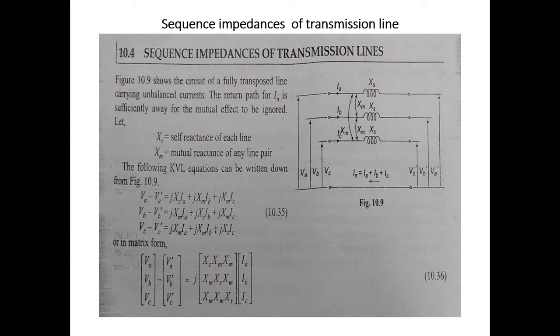And if we represent these three equations in matrix form, the matrix VA, VB, VC minus the matrix VA dash, VB dash, VC dash is equal to J into the 3 by 3 matrix, that is XS, XM, XM; XM, XS, XM; XM, XM, XS, into the matrix IA, IB, IC.